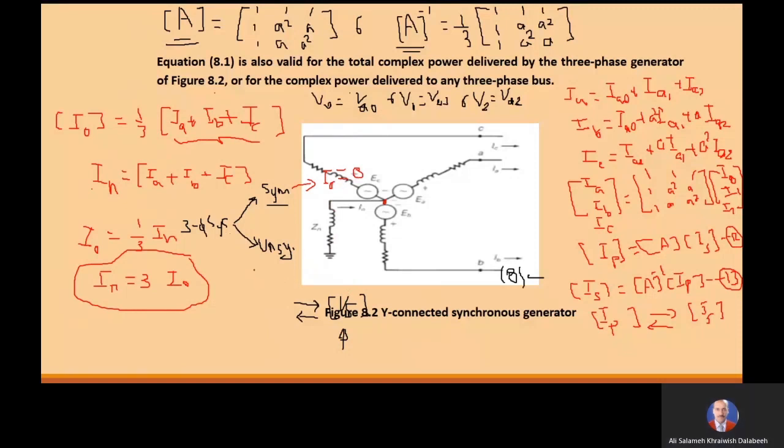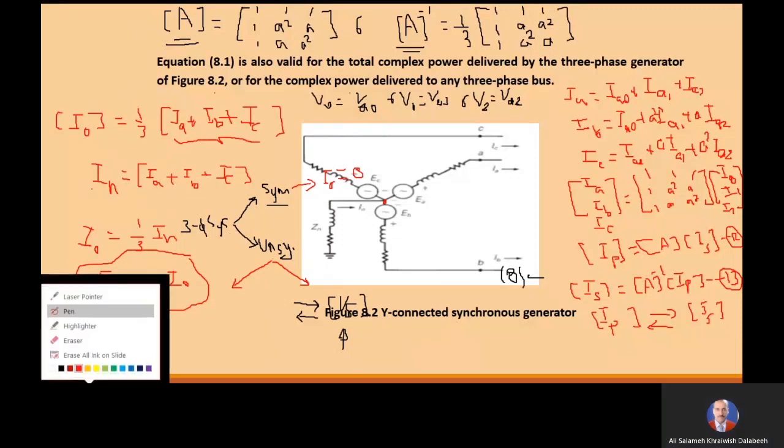Now, for the unsymmetrical system, we have two cases.